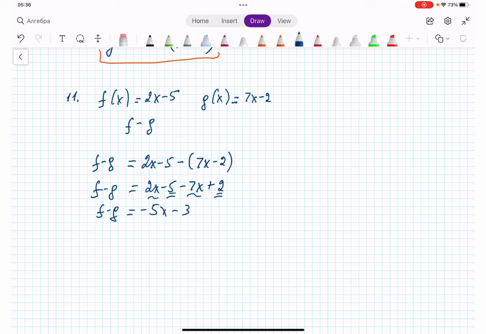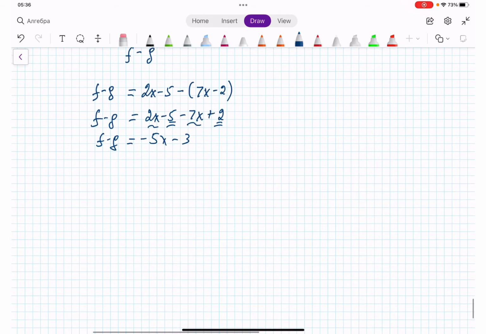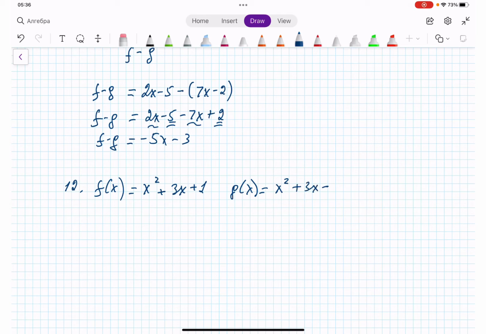Next one, question number 12. So we are given functions f of x equal to x squared plus 3x plus 1, and g of x equal to x squared plus 3x minus 4.